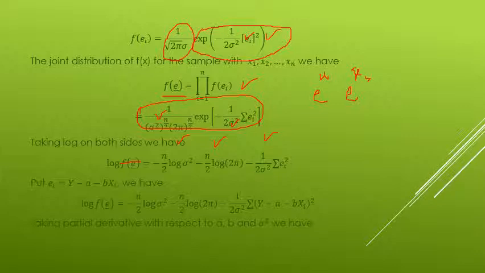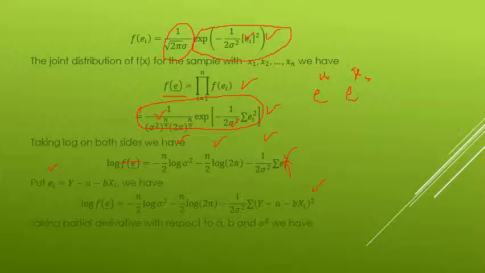So it is easy to take the derivative of this function instead of that one. Now put ei equal to y minus a minus b xi, which is the second equation in the previous slide, over here. So we came to this result.